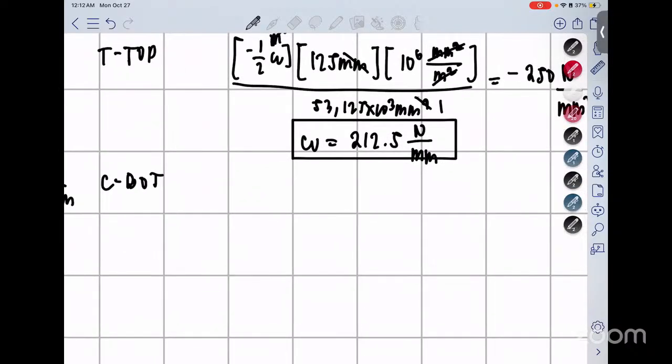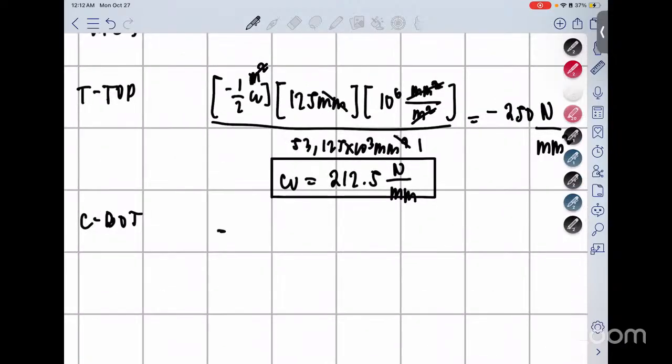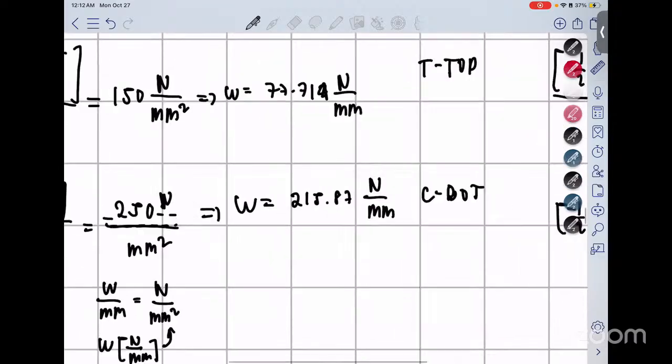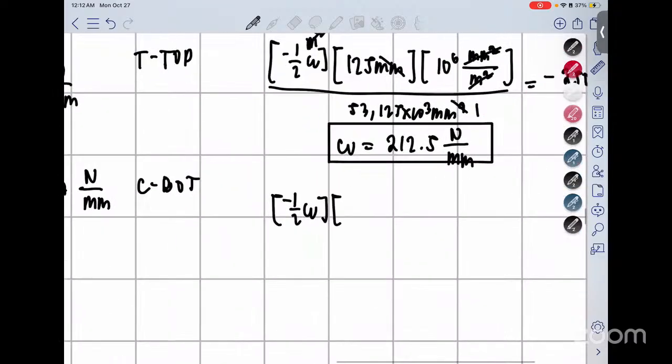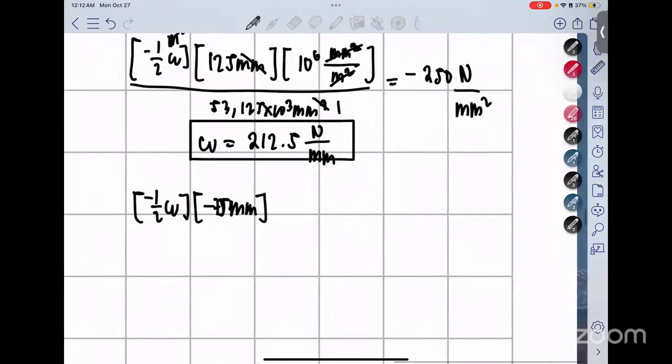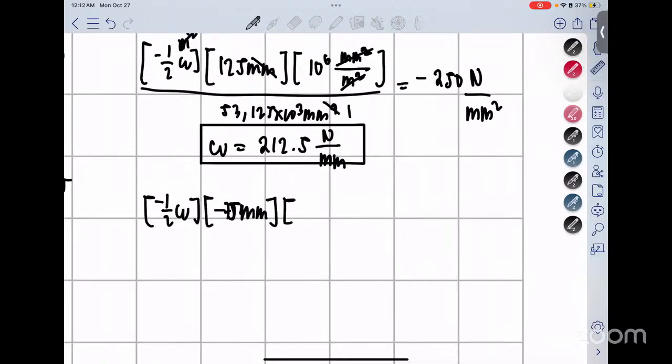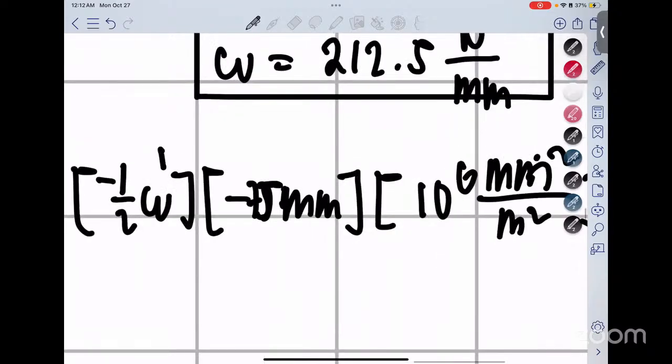So for the last case, compression siya at the bottom, copy everything. So same thing here, 75 pababa, 75 din dito. Times 10 to the 6 mm² over meter². Meter², meter².